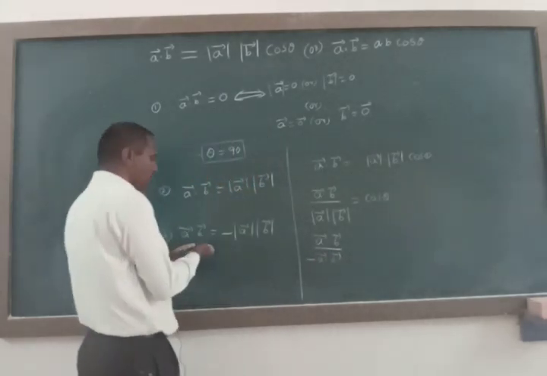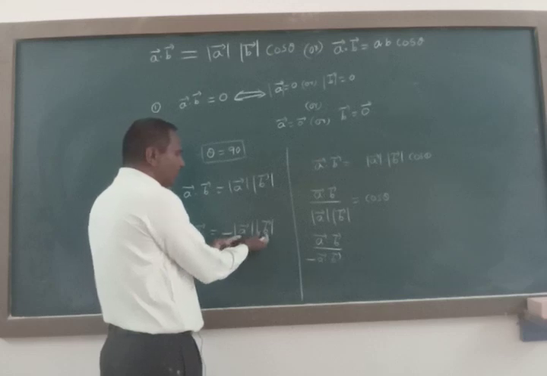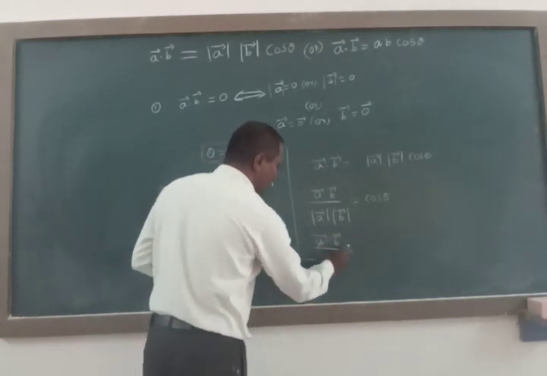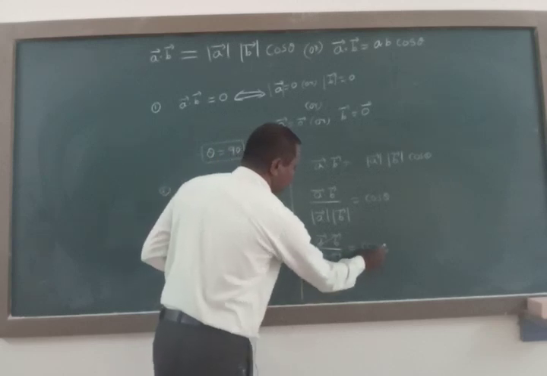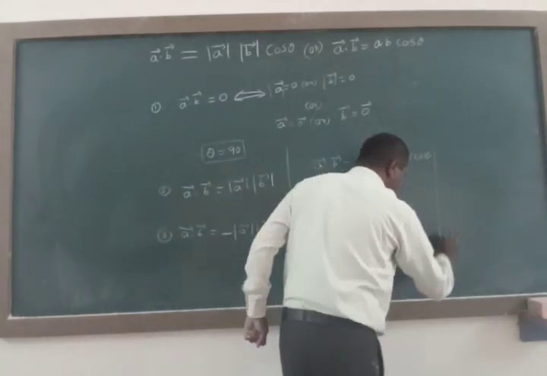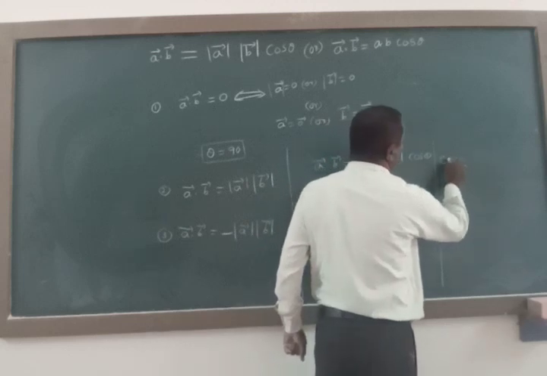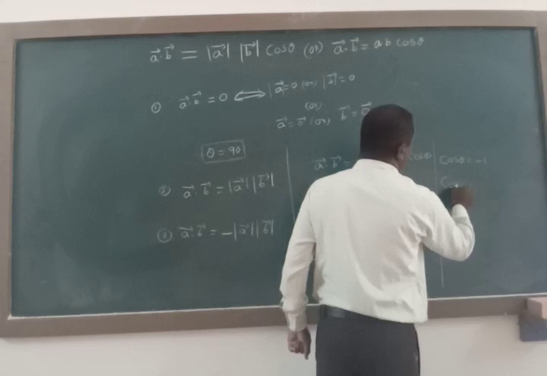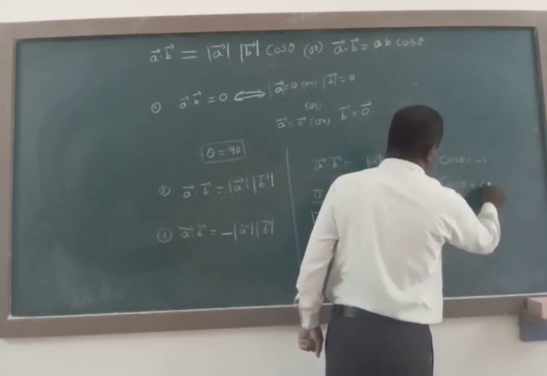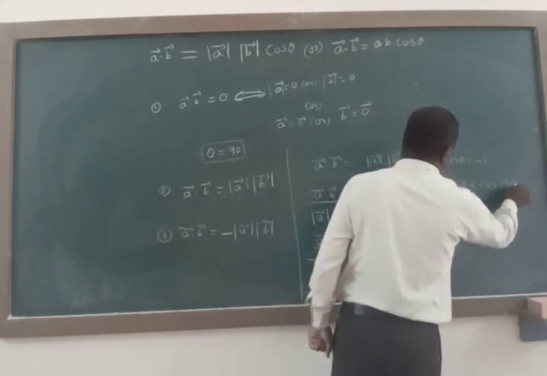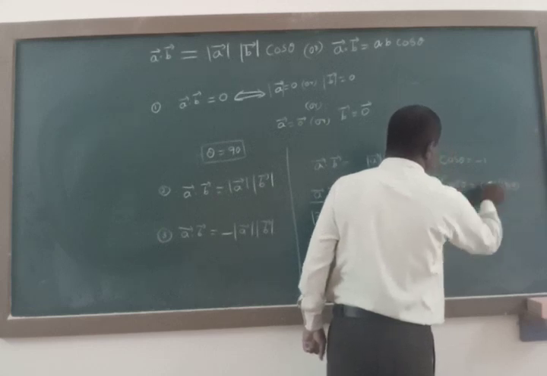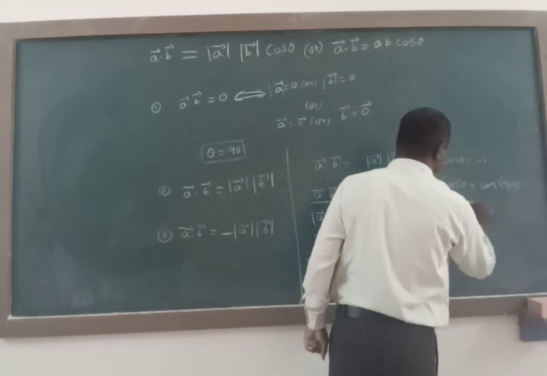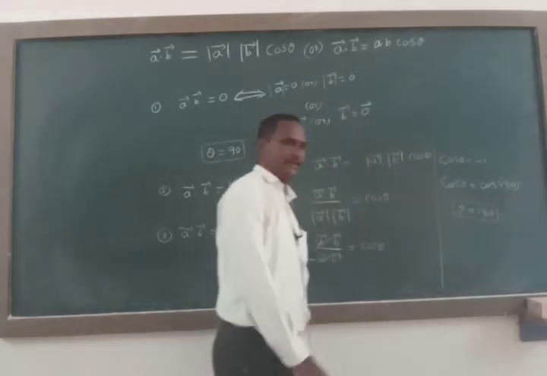According to this condition, magnitude of a bar into magnitude of b bar value is minus a bar dot b bar, which gets cancelled here, giving cos theta. Or cos theta is equal to minus 1, and cos theta equal to minus 1 is the value for cos 180 degree. Now cos gets cancelled, then theta is equal to 180 degree here.